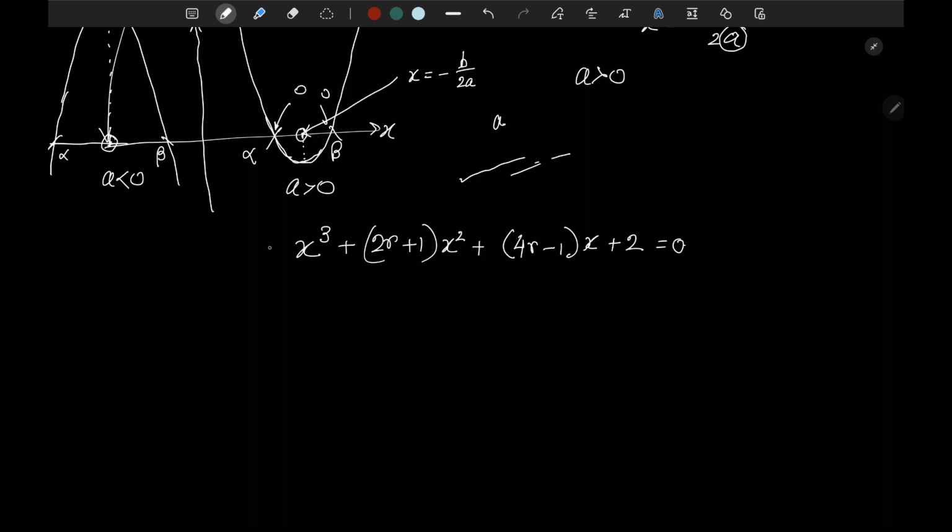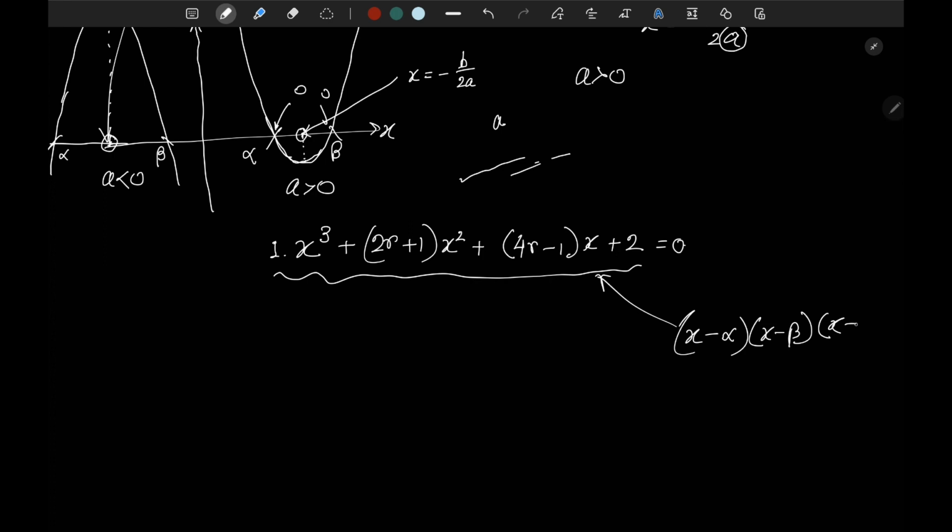Notice that the coefficient of x cube is 1 here, right? So we can think of an alternate form of this expression as (x minus alpha)(x minus beta)(x plus 2). Alpha, beta and minus 2 are basically the roots of your equation.